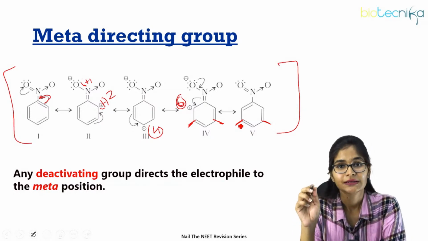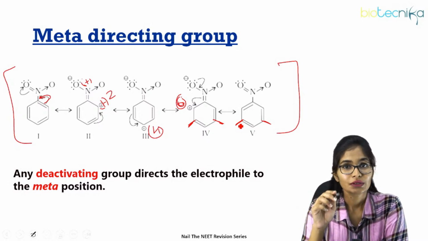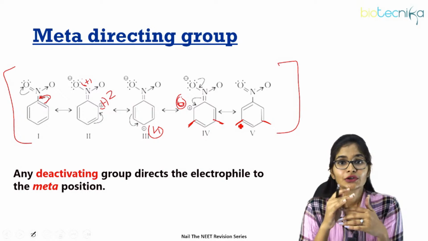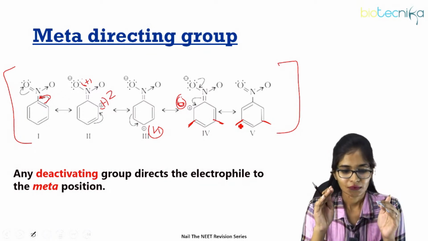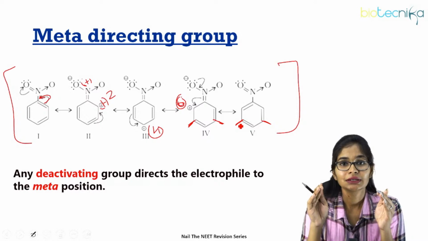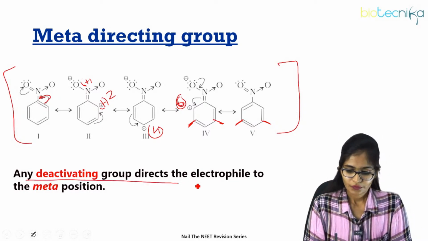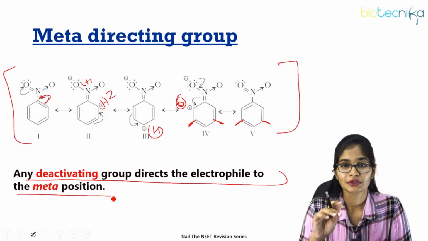Because of that reason, the meta directing groups are always electron withdrawing groups, which will direct the incoming electrophile to the meta position, and they will deactivate the ring. Okay, so they are deactivating groups overall, any deactivating group which directs the electrophile to the meta position. This you have to keep in your mind.